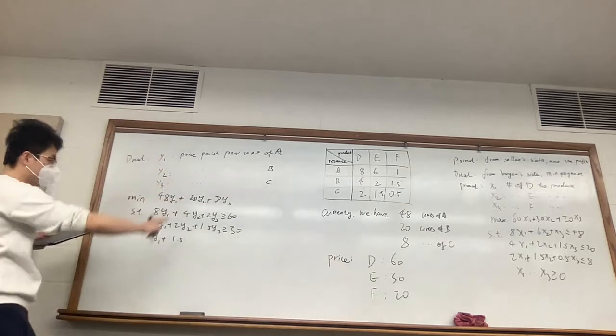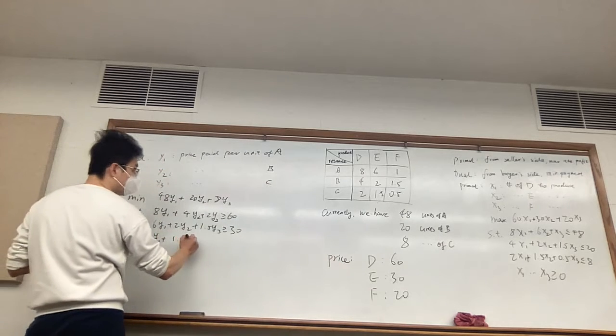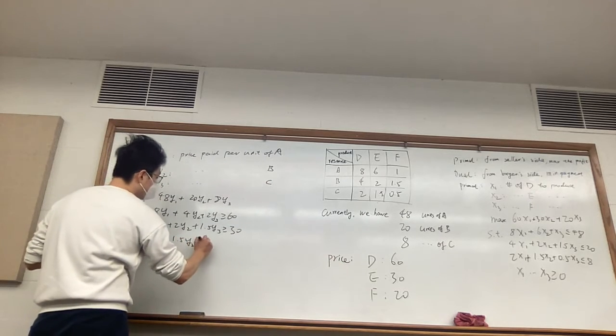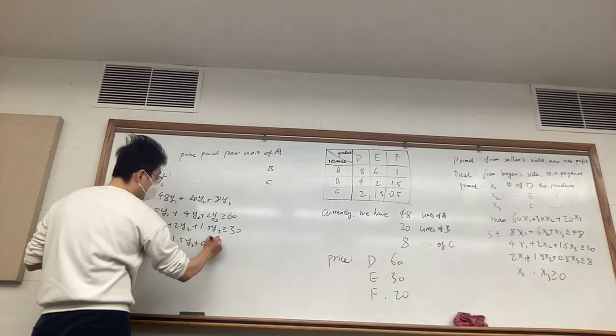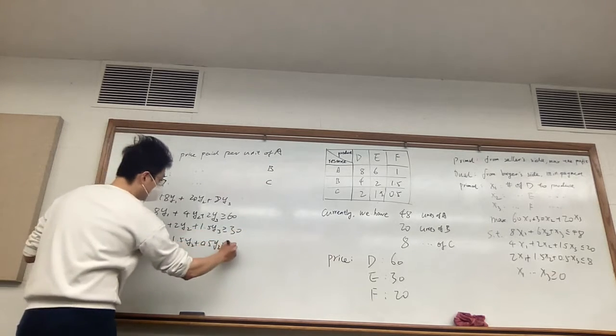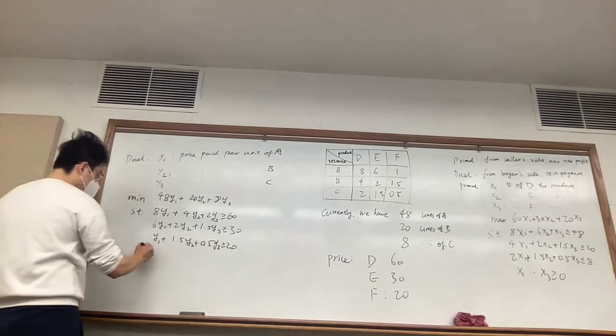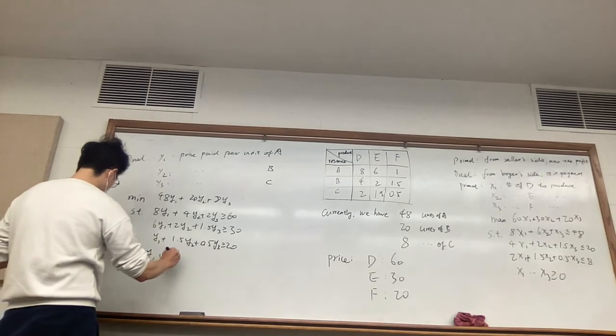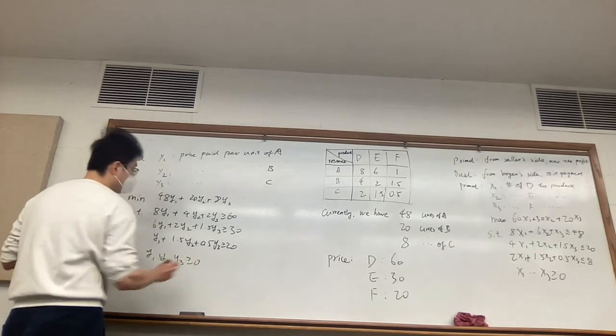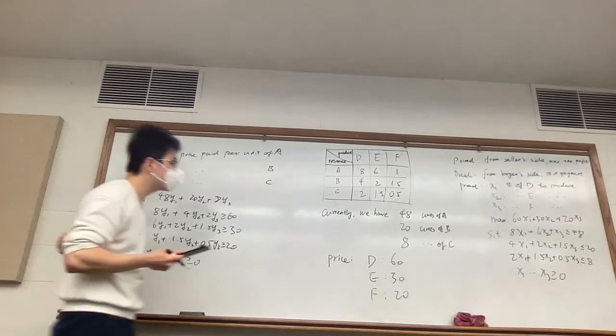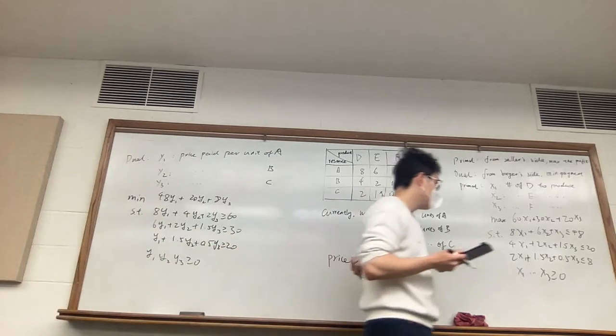So you need 6 units of A, right? Yeah. So y1 plus 1.5y2 plus 1/2 y3 is at least 20. And of course, you should have y1, y2, y3 no less than 0. Right. So this is the dual problem.